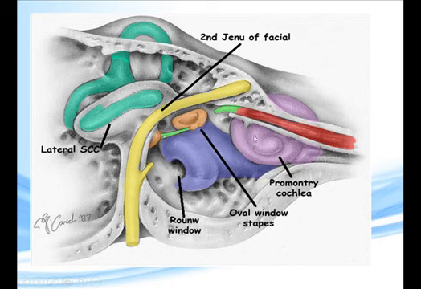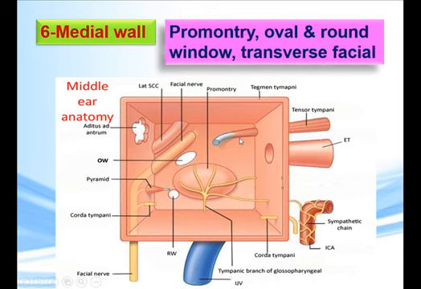And here is what's called the cochlea. The cochlea, the basal turn of which is protruding inside here, forming what's called the promontory. So let's go back again. Yes, there is the oval window, which is closed by the stapes bone, the round window, which is closed by a membrane.